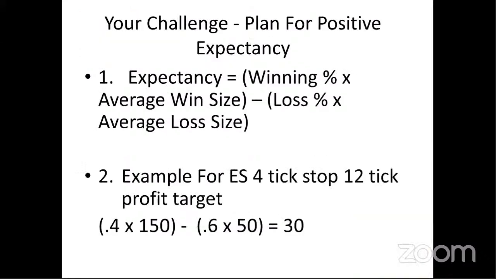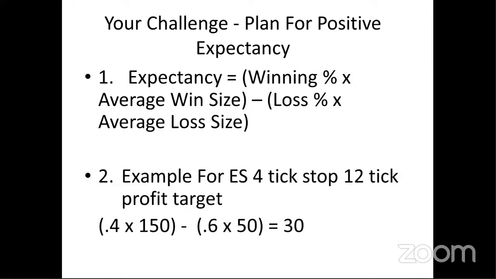All right, so we talked about positive expectancy. We're going to go through this very quickly. Expectancy just means mathematically, do you have a probability of success? If you're not doing this math, then you're asking for trouble with your trading. All right, so I'm going to give you an example here with the E-mini with a 4-tick stop and a 12-tick profit target.